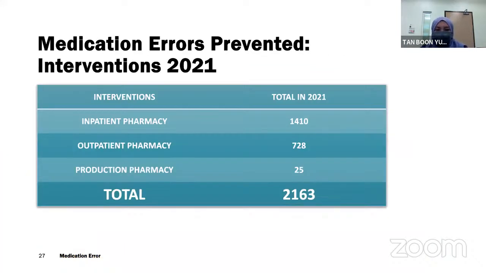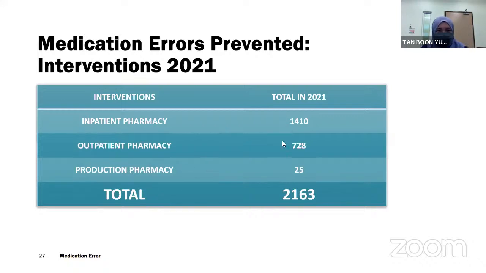Medication error prevented. This one is intervention. If you listen to pharmacy staff or pharmacists calling you to intervene or to confirm with you, this is the interventions. Total in 2021, we already intervened the doctors. In total is 2,163. That's a lot of interventions.